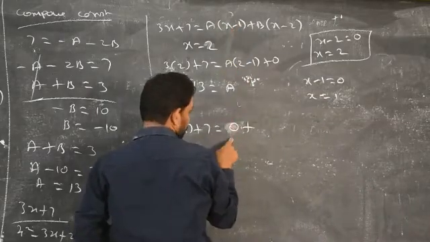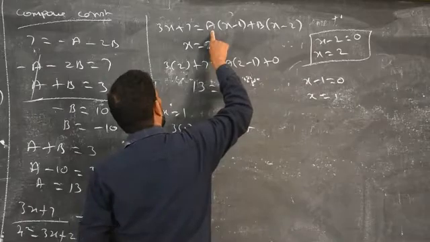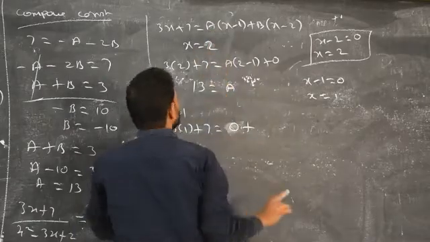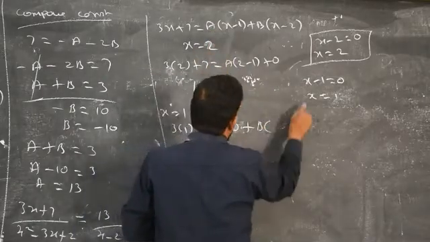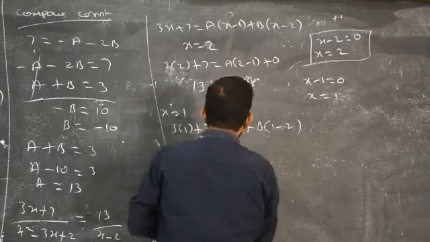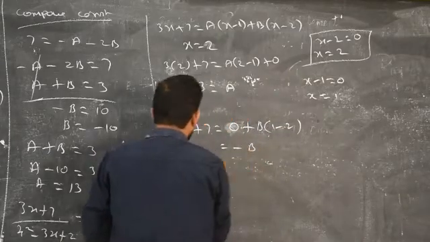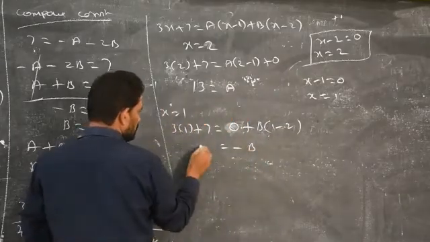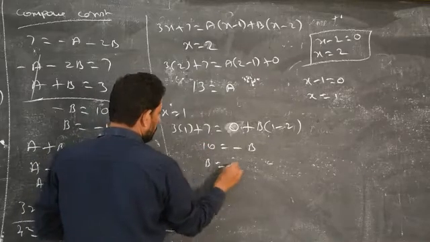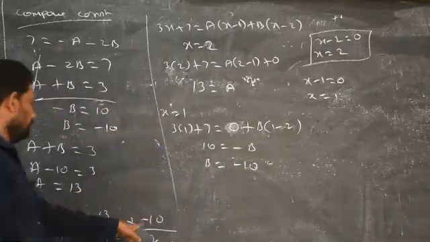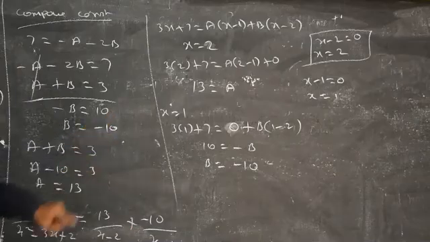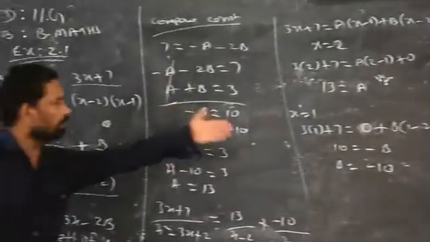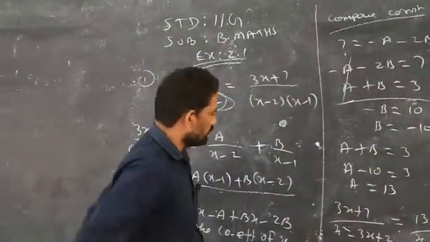Don't write a. When you multiply any expression into 0, it will always be 0. So b of 1 minus 2, that is minus b. 3 into 1 is 3, 3 plus 7, 10. So b is equal to how much? Minus 10. See, b is equal to minus 10. Whatever method you follow, you will get the same answer.